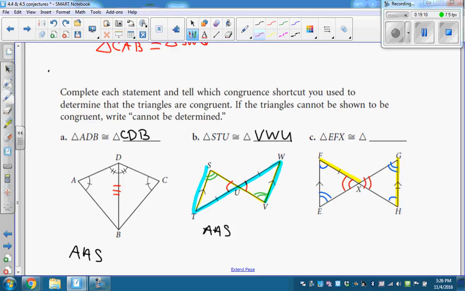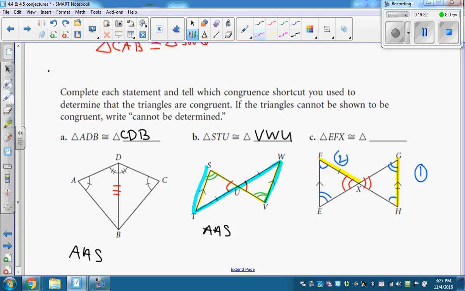Side angle. But look at the yellow line, it's not between. In triangle 1, it's between the two blue angles. And in triangle 2, it's between the blue and the red angles.